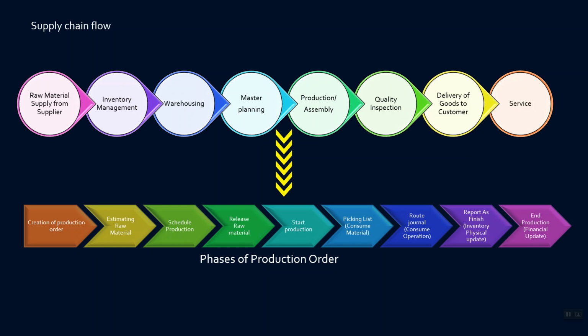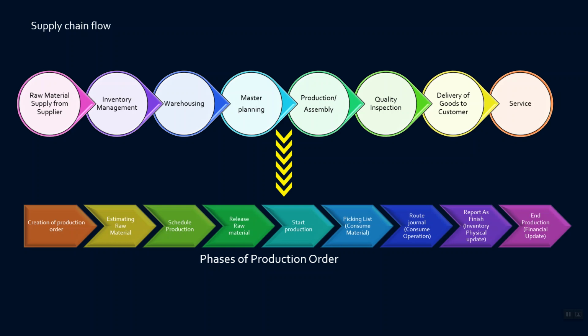Starting a production order means you are now ready with all your material, and ready to start manufacturing of that particular product. In this status, you can pick up material and consume whatever man hours and machine hours you want.